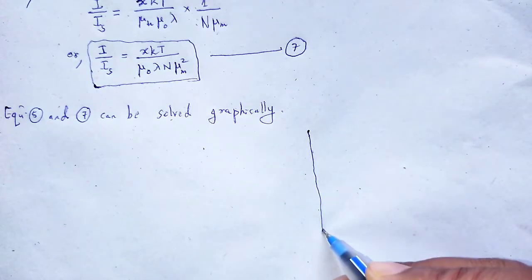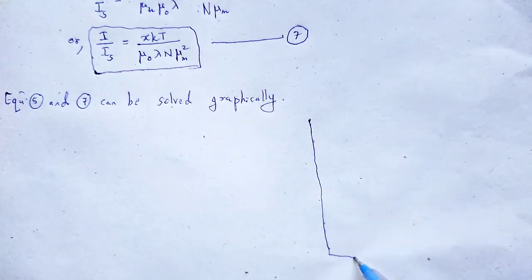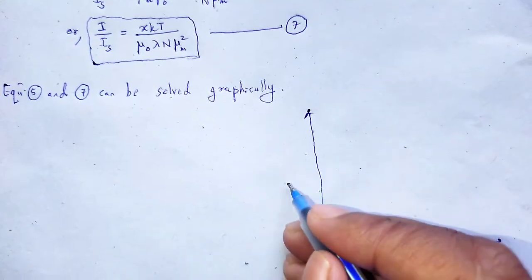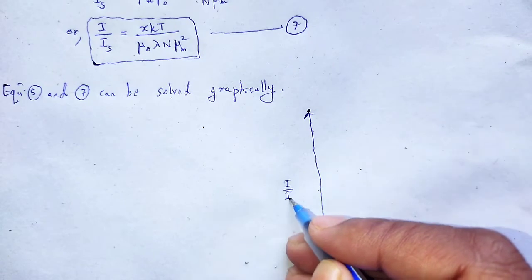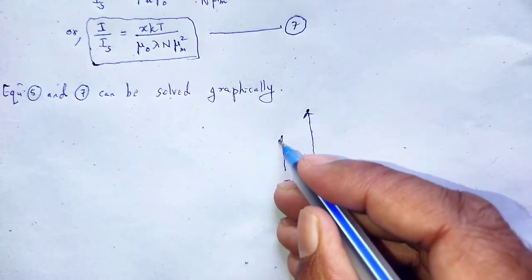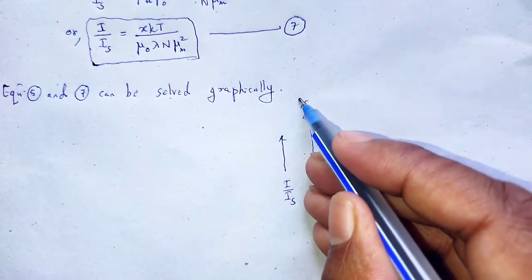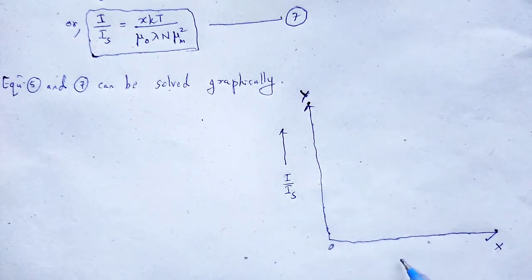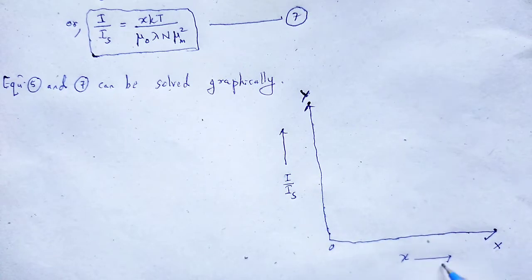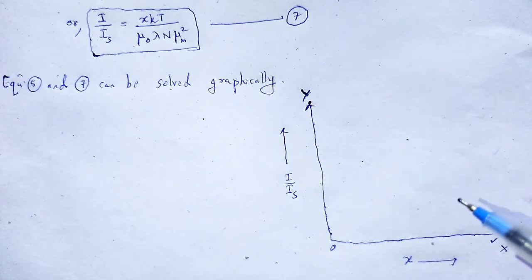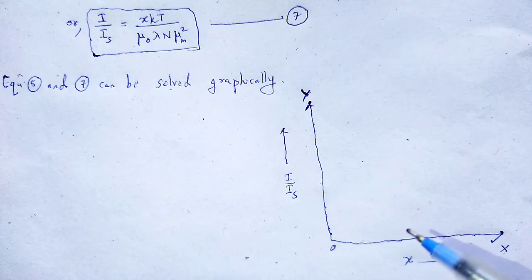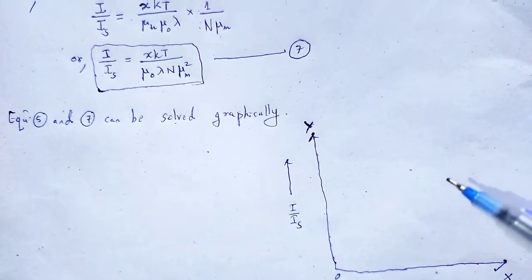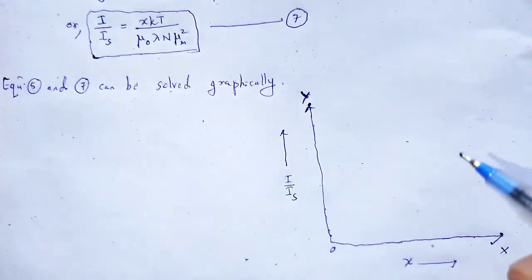If we plot the graph between I by Is in y direction and x along x direction, we obtain two graphs for these two equations.